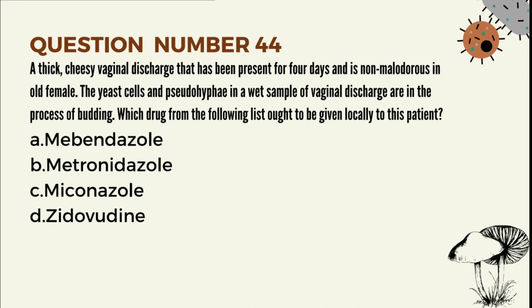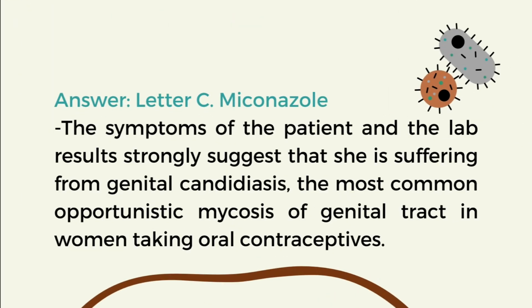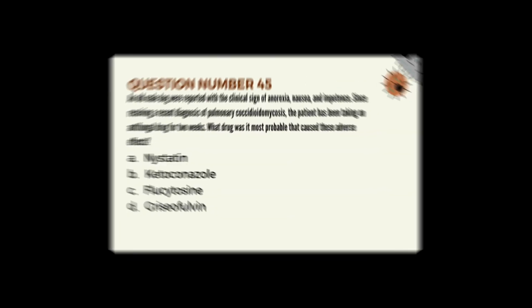A. Mebendazole, B. Metronidazole, C. Miconazole, or D. Zidovudine? Answer is letter C, miconazole. The symptoms of the patient and the lab results strongly suggest genital candidiasis, the most common opportunistic mycosis of the genital tract in women taking oral contraceptives.